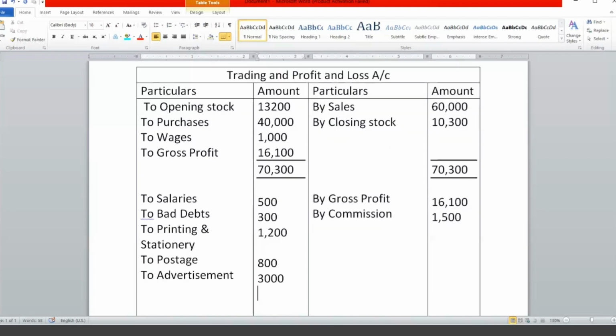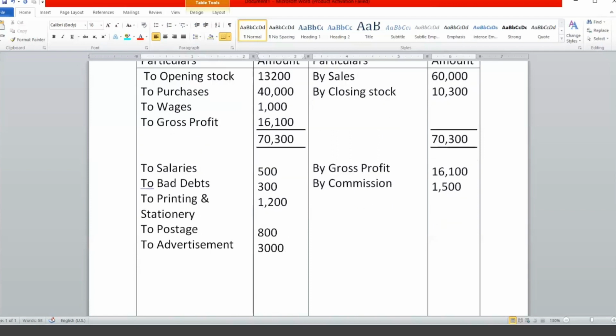Now let's see the total. I think these are the only transactions we have. Let's check the total. How much will you get? 16,100 plus 1,500. The total is 17,600. Here also the same thing, 17,600.